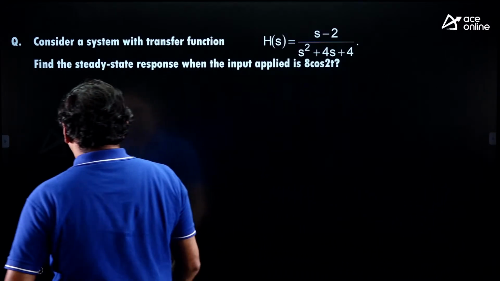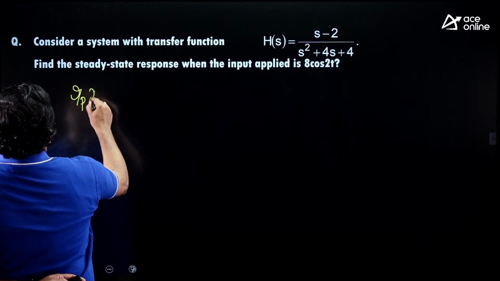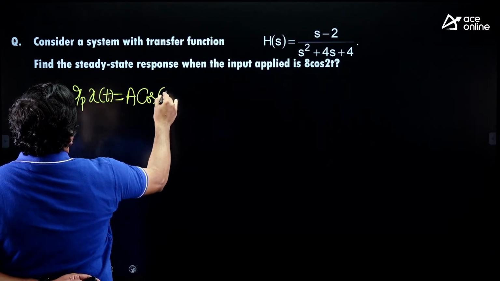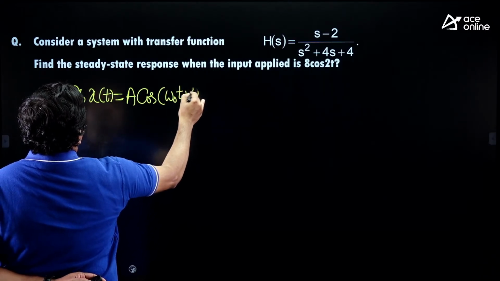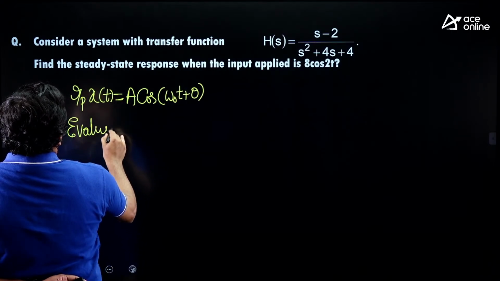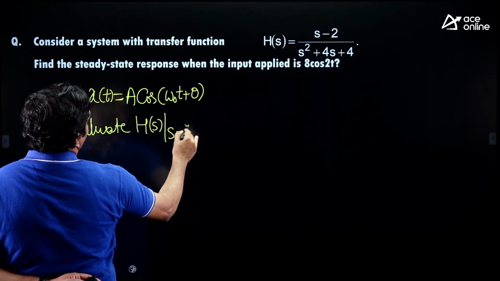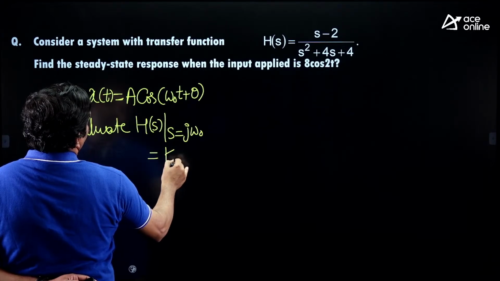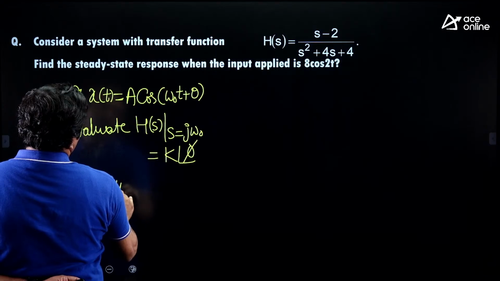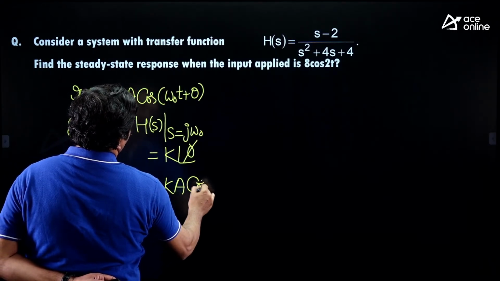So how to answer this type of model? Same eigenfunction logic. When you are applying the input of the form A cos(omega naught t plus theta), evaluate the transfer function at s equals j omega naught, convert that answer to polar form, then the steady state response is a scaled version of the original one.